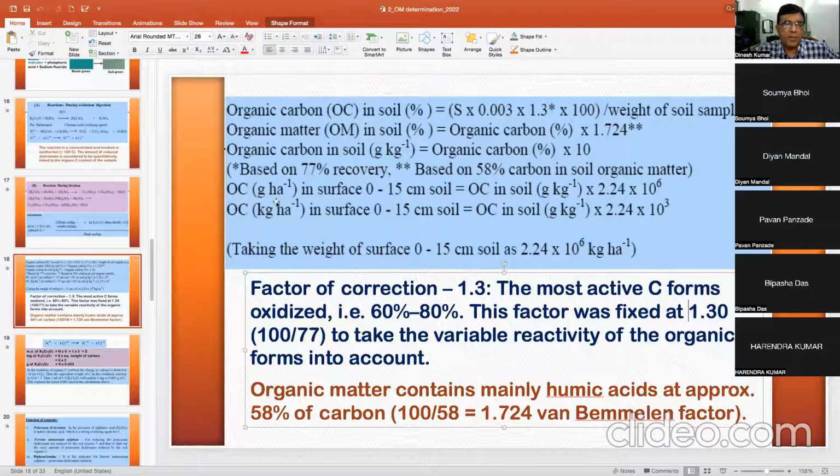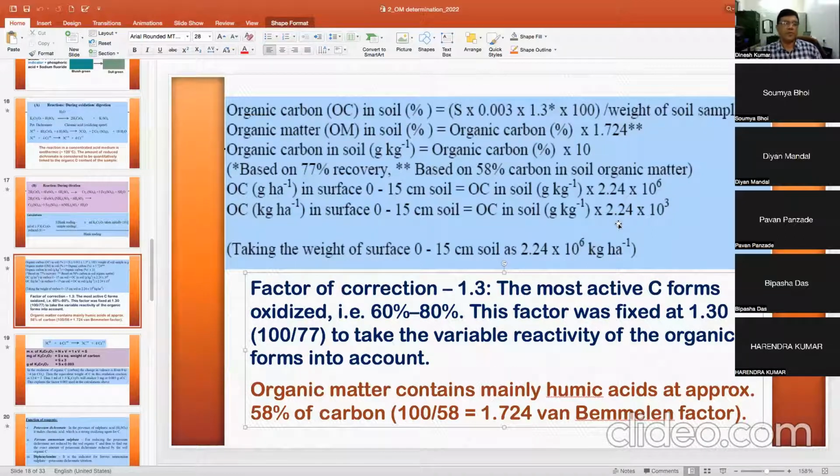Now, organic carbon in gram per hectare in 0 to 15 centimeter soil. Organic carbon in soil in gram per kg, you have worked out. And then into 2.24 into 10 to the power 6. This is the weight of 1 hectare soil of 0 to 15 centimeter depth. And then organic carbon in surface 0 to 15 centimeter soil is organic carbon in soil gram per kg into 2.24 into 10 to the power 3.